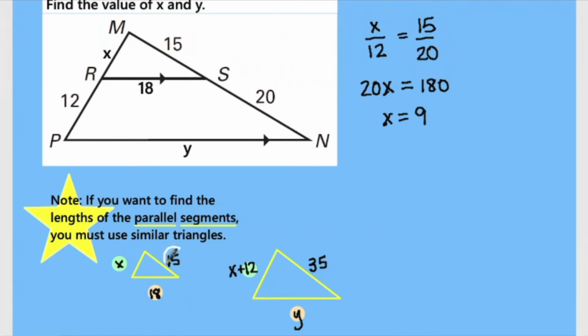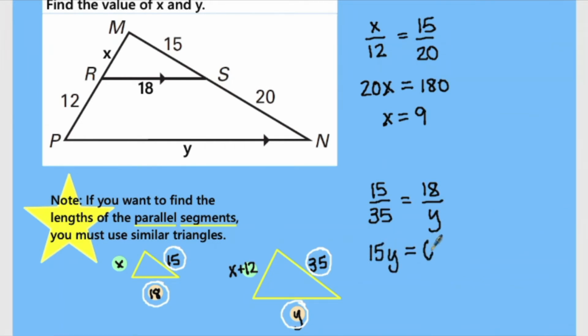So the 15 is to the 35 as the 18 is to the y. And if you don't draw those out separately, I just kind of doubt that you would see that 35, unless you're a pro at this already. And we get y equals 42.